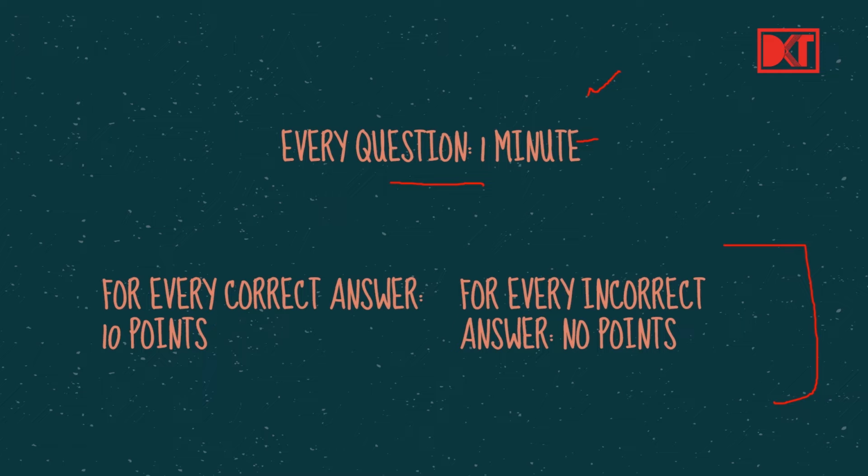Now for a question of which you are not sure about the answer, even here and even in the exam, if you are not sure about the answer and you think that B option might be correct or C option might be correct, in that case play your luck and play your mind, make a guess and still give an answer, because it is a win-win situation.